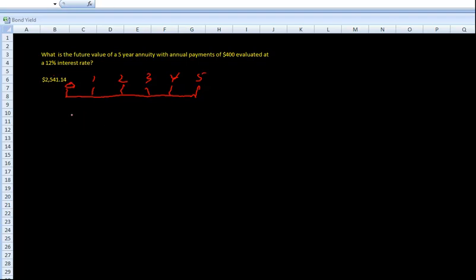Okay, so we're looking at getting $400 each of 5 years at a 12% rate. And let's just drop that 12% in here.